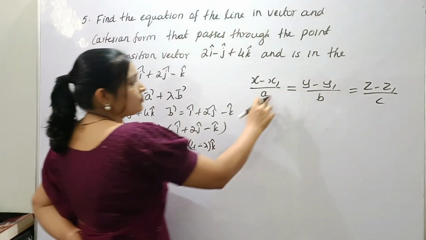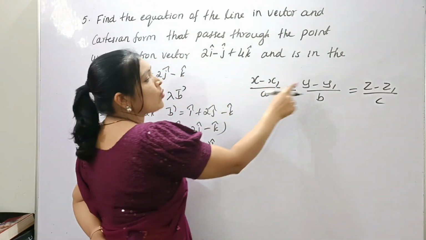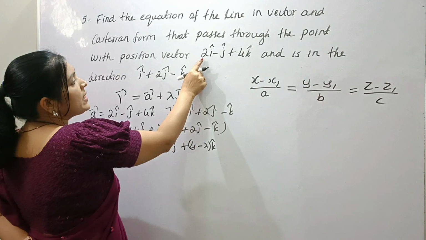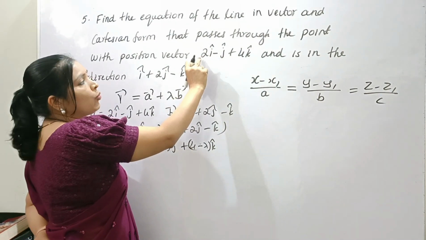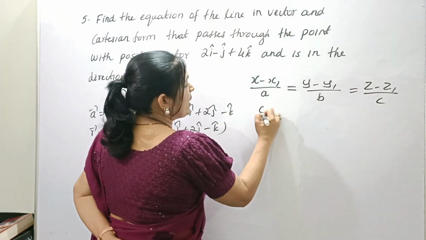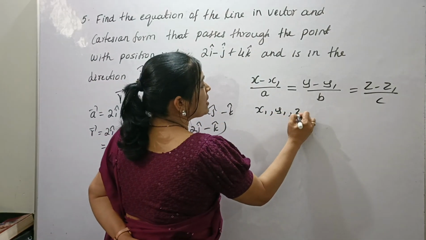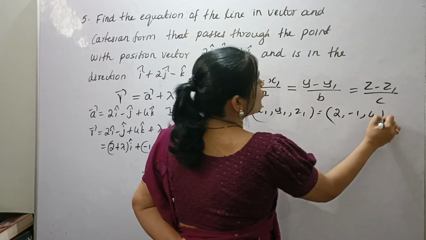So, what is a point on the line? x1, y1, z1 is the position vector of a point. What is the point? (2, −1, 4). So here x1, y1, z1 is equal to 2, −1, 4.